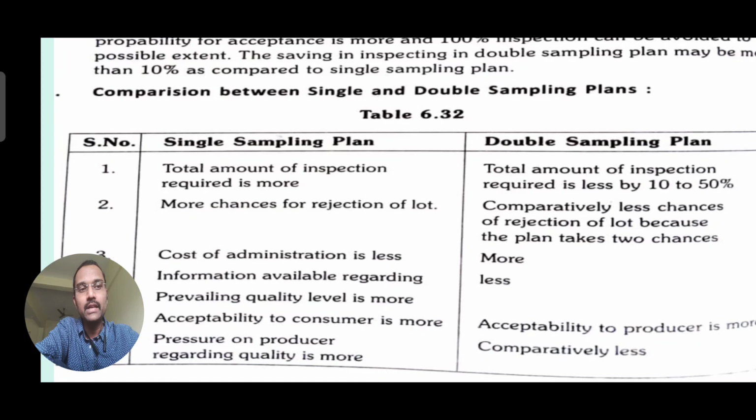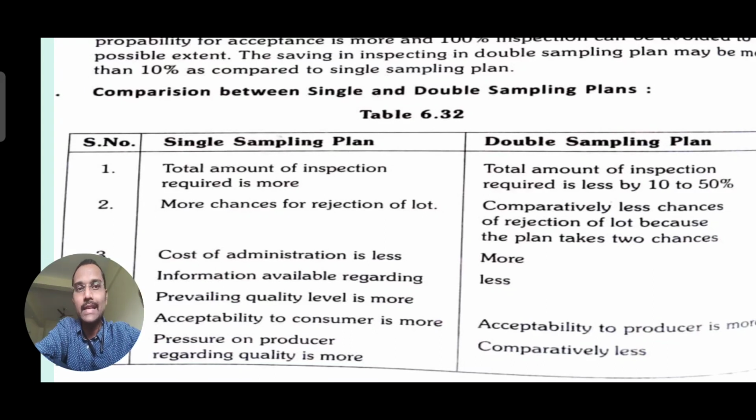If they are sent up to the customer point, the customer will reject the defective products. Any defective products returned by the consumer have to be accepted by the producer. This case is more likely in the double sampling plan.